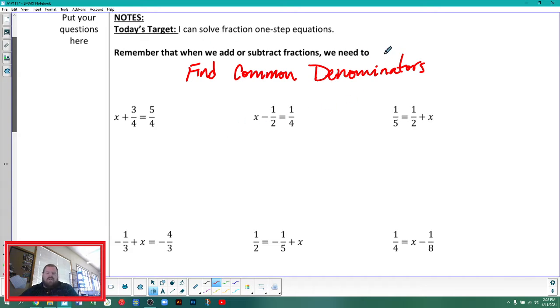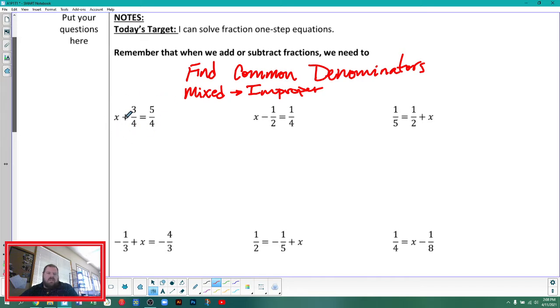And I'm probably going to throw in there going from mixed numbers to improper fractions, if that comes up. All right, so let's go ahead and see what this might look like.